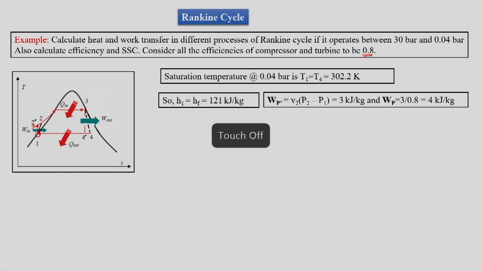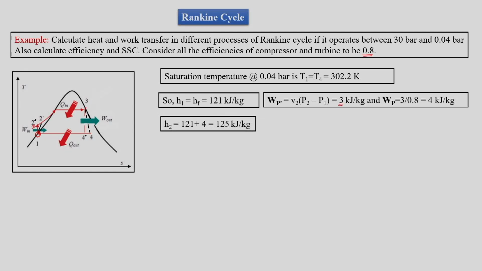Ideal pump work is the specific volume at point 2 into delta P, which is the pressure rise by the pump. This is the saturation specific volume into delta P. So, we get pump work to be 3 kilojoule per kg, but we know that efficiency is 80%, so it becomes 4 kilojoule per kg pump work. That's how we can calculate H2.